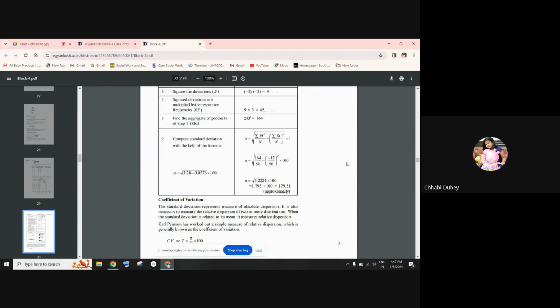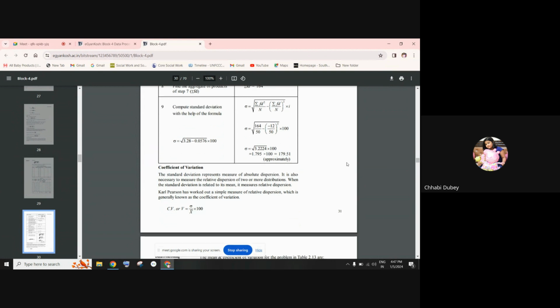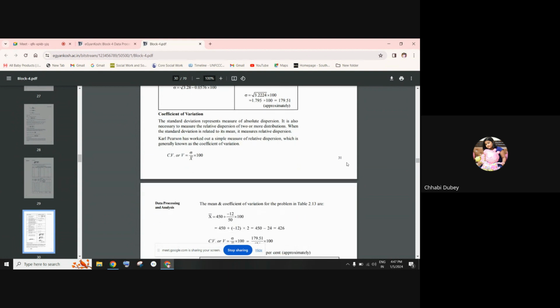And the standard deviation can be computed with the help of the formula given here. After standard deviation, we come to another concept, that is the coefficient of variation. The standard deviation represents a measure of absolute dispersion, and it is also necessary to measure the relative dispersion of two or more distributions.